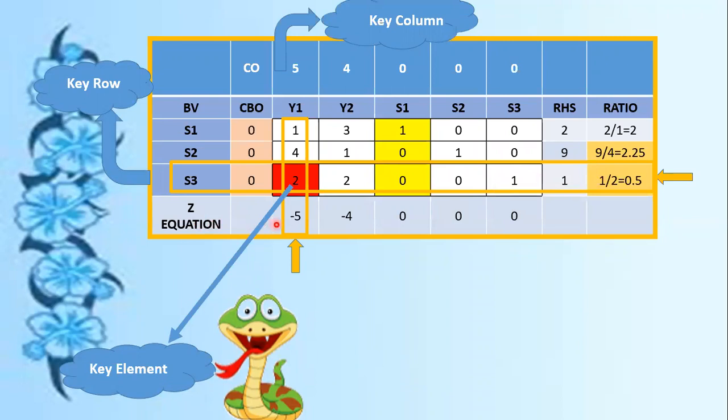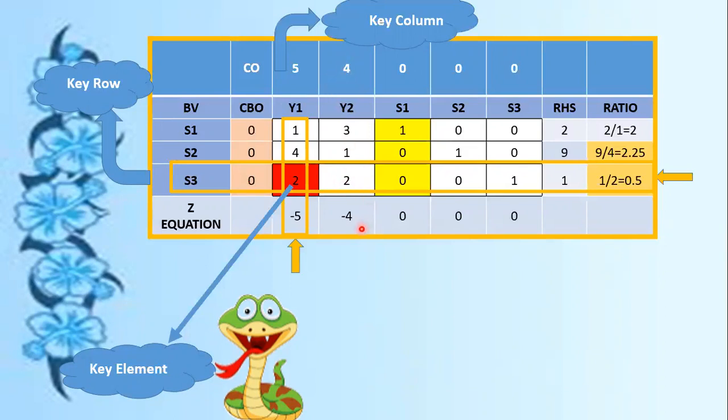How to get the z equation? 0 into 1 plus 0 into 4 plus 0 into 2. Anything multiplied by 0 is 0, minus the Cj value of that column, which is 5. So it is minus 5. Next column, 0 into 3 plus 0 into 1 plus 0 into 2 is 0, minus Cj value 4.